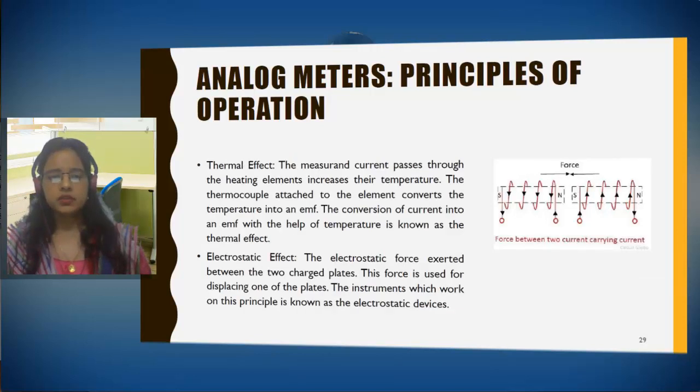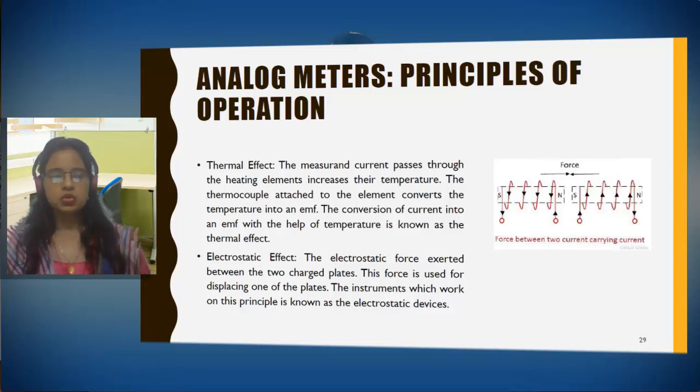Next is thermal effect. All of you must have heard about the thermocouple. In a thermocouple, two types of metals are connected end to end, so there will be two junctions.